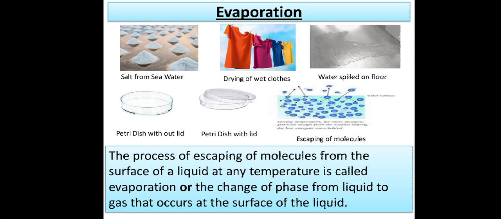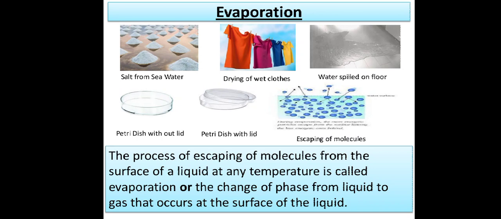Behind this, the liquid molecules on the surface which have high energy directly convert into gas. Here the gas is in the form of water vapor. The molecules of the spirit in the petri dish continuously move with random speeds in various directions. As a result, these molecules collide with other molecules.